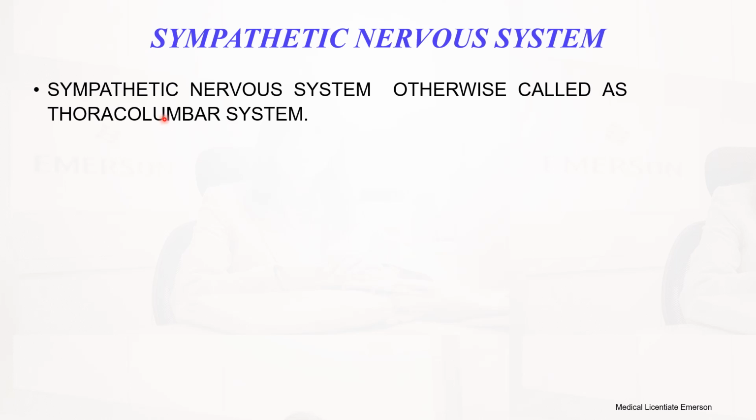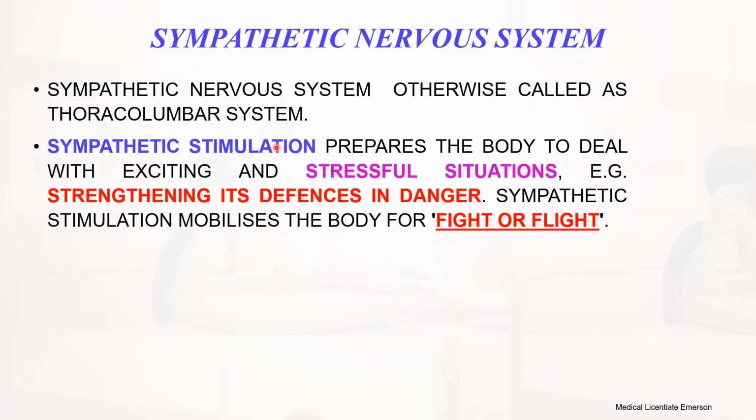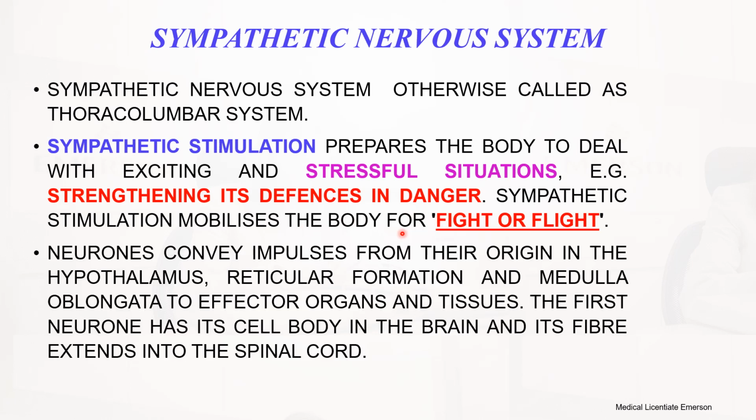So the sympathetic nervous system, otherwise known as the thoracolumbar system, is of course the sympathetic stimulation that prepares the body to deal with exciting and stressful situations. For example, strengthening its defenses in danger. The sympathetic stimulation mobilizes the body for fight or flight.